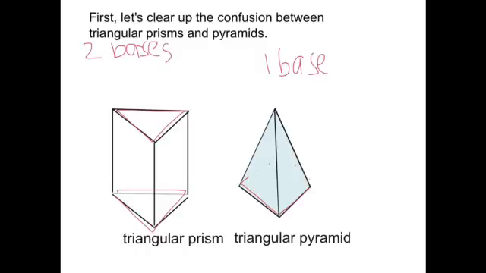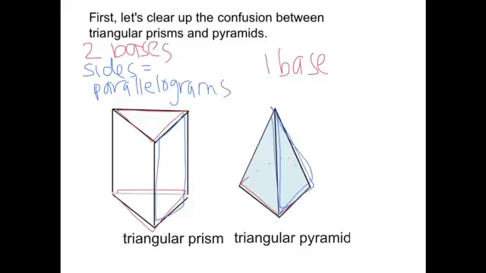Also, the most noticeable is that the sides of a prism are rectangles, or parallelograms. Whereas the sides on a pyramid are always triangles.